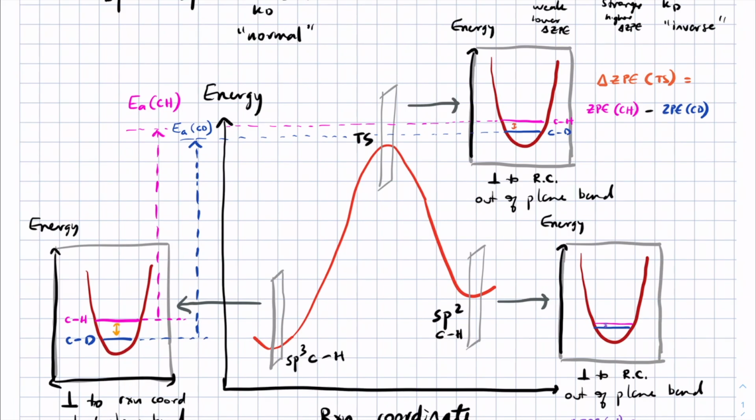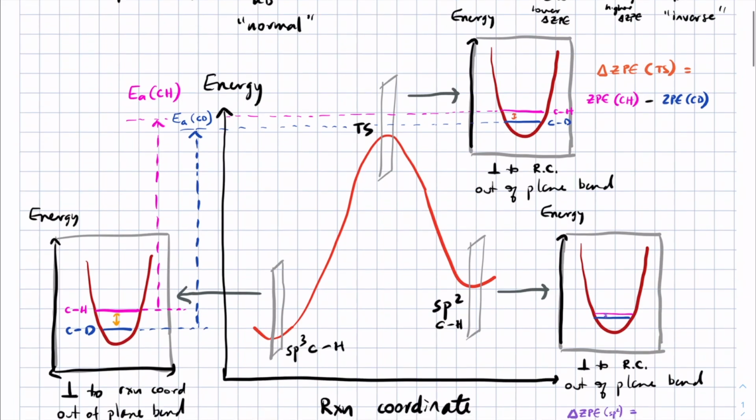The zero-point energy difference we observe for this sp3 hybridized carbon is sizable. In contrast, over here for the sp2 hybridized product, here's the vibrational energy level. And because the force constant is weaker, that delta ZPE is smaller. And so there's less of a difference between carbon-hydrogen versus carbon-deuterium.